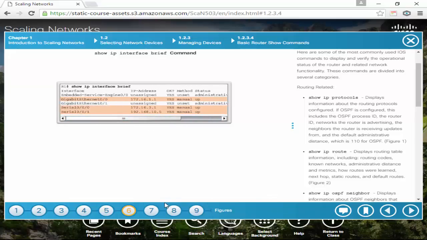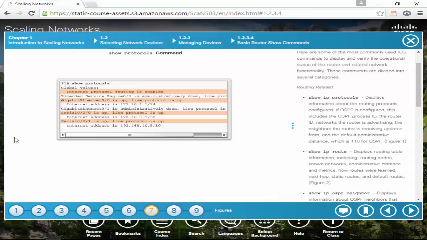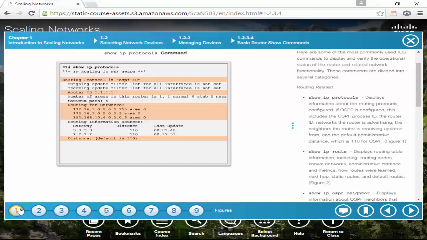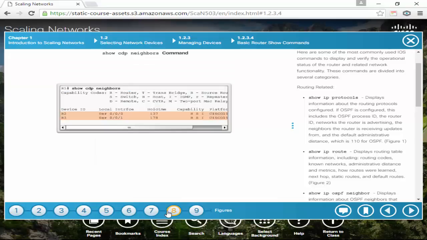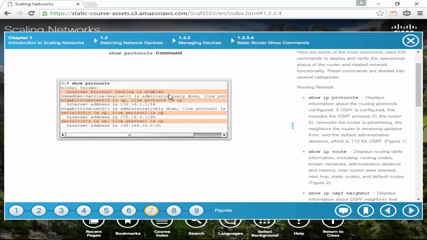It's kind of easier to look at. Show protocols. Didn't we ever go over protocols? This is going to show if we're doing IP version 6 as well as IP version 4 and what's going on there.